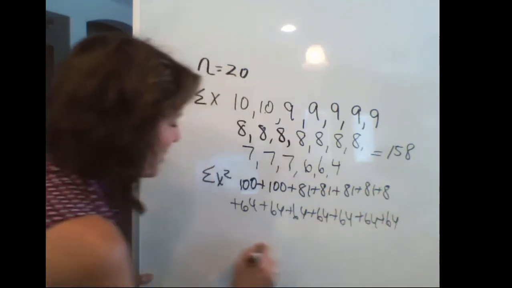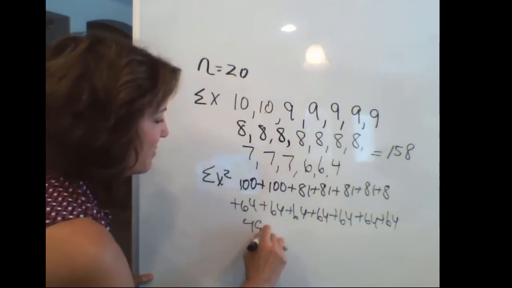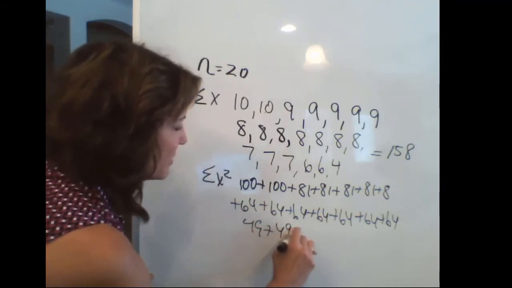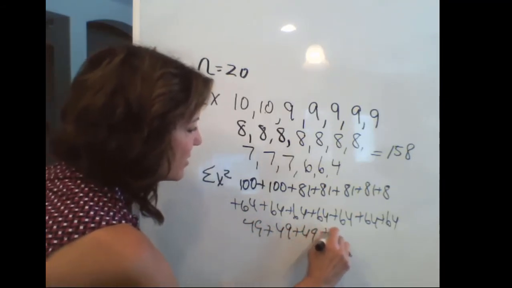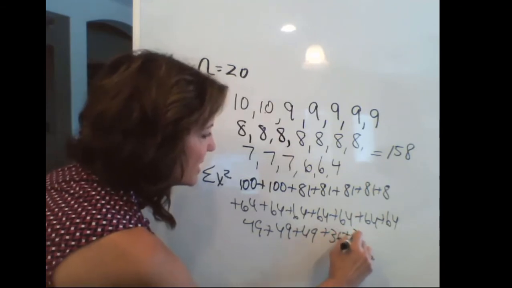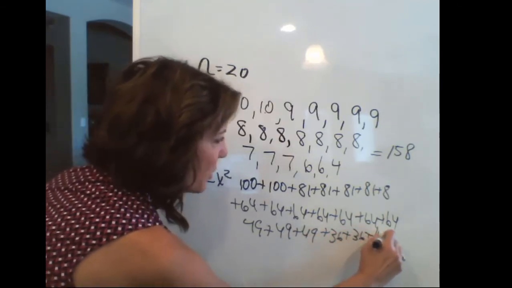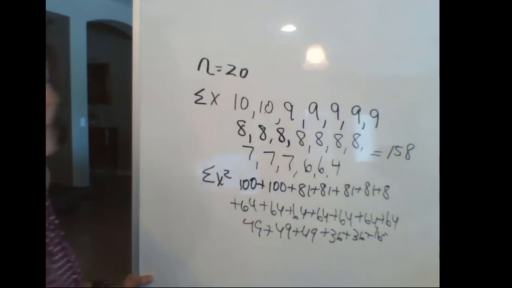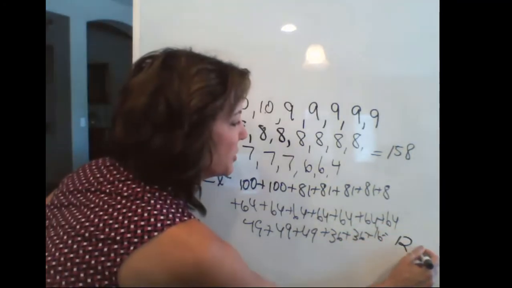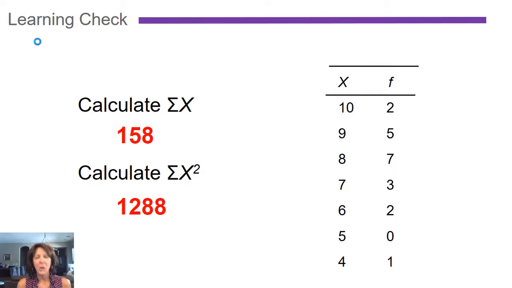Oh my gosh, I'm getting a workout. 49 plus 49 plus 49 plus 36 plus 36 plus 16. Phew, and I'm so brilliant. I know that that number is 1288. Okay, maybe I had that number written down ahead of time.